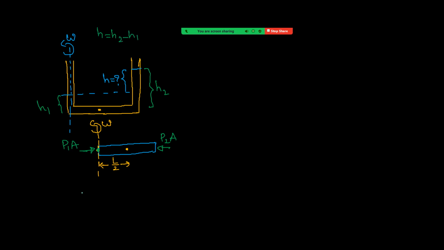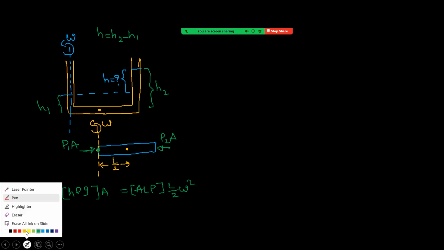Okay. Now see the calculation. P2 minus P1 is H rho g. This is P2 minus P1 into A. This is now the centripetal force, which is equal to mass into centripetal acceleration, and mass equal to area into length, that is volume, into density, that is mass, into centripetal acceleration, which is r omega square. Okay.